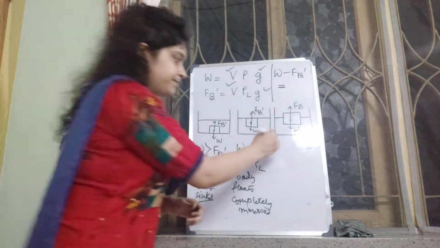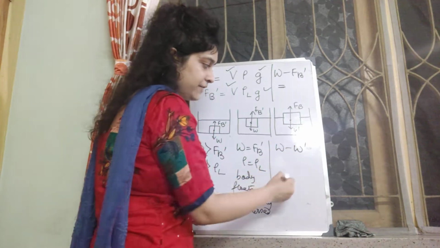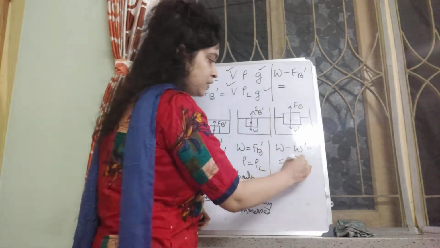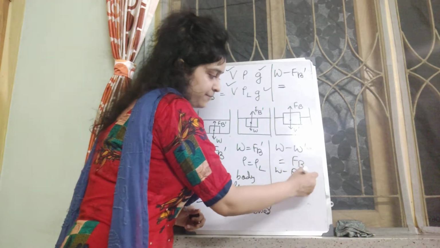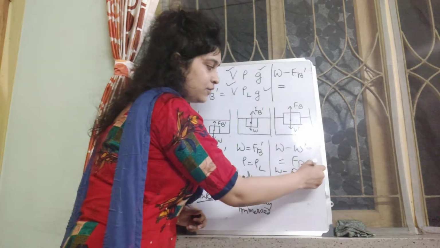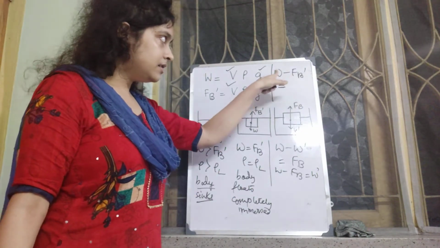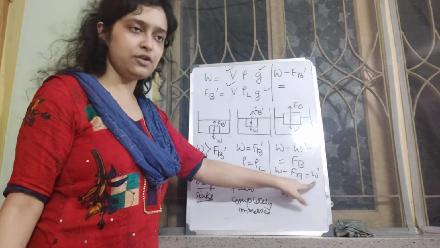Because suppose this is the actual weight and this is the apparent weight. We know that the apparent loss in weight is equal to upthrust. That means W minus FB dash is equal to W dash. This is the apparent weight of the solid in liquid.